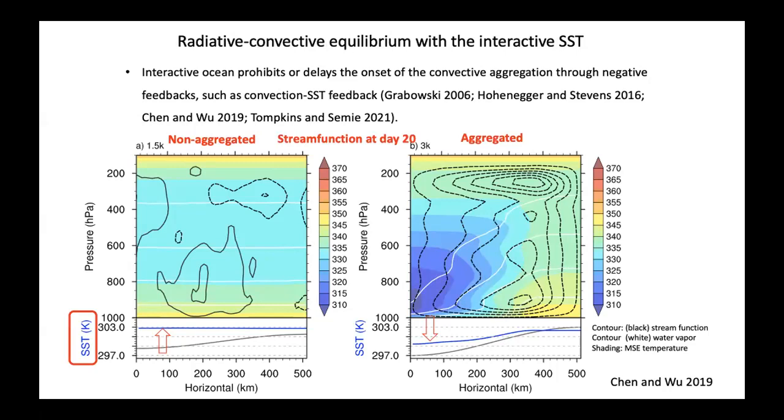Chen and Wu 2019 showed that in their cloud-resolving model simulations, the convection can develop into the aggregated state as shown in the lower right panel, or the non-aggregated state as shown in the lower left panel, with strong interaction of the SST. You can see that in the non-aggregated state, due to the envelope cloud effect, the SST can eventually increase to 303 degrees, while the SST remains in a horizontal structure in the aggregated state.